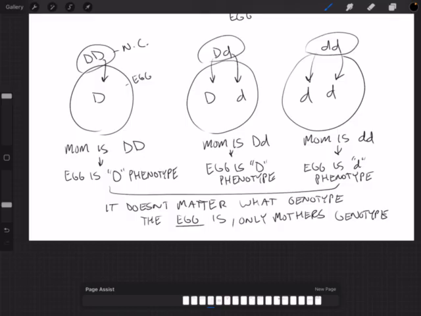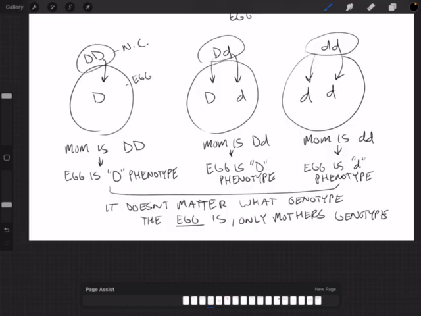Does that make some sense? Right? The egg has its own genome. It's not making anything from it. So you're kind of stuck with whatever mom was able to contribute. That's the essence of maternal effect, right? Not a lot of things are maternal effect, but there are cases where this happens.